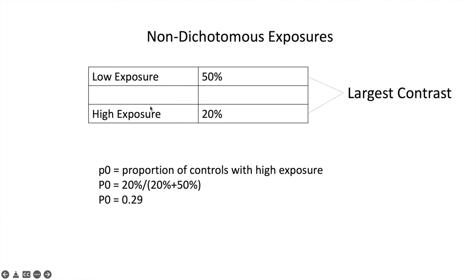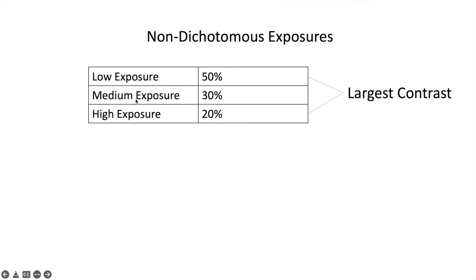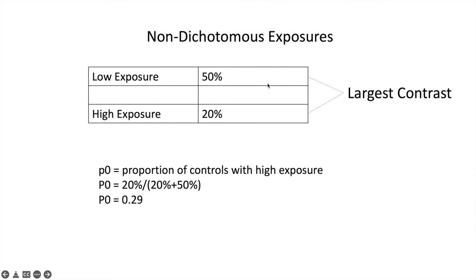So now we're expecting that our controls are going to have this distribution, because this distribution is in our population. So the proportion of this new population that only includes low and high that is exposed is 20% over 20 plus 50, which comes out to about 30% of the controls, which is synonymous with our general population being exposed.